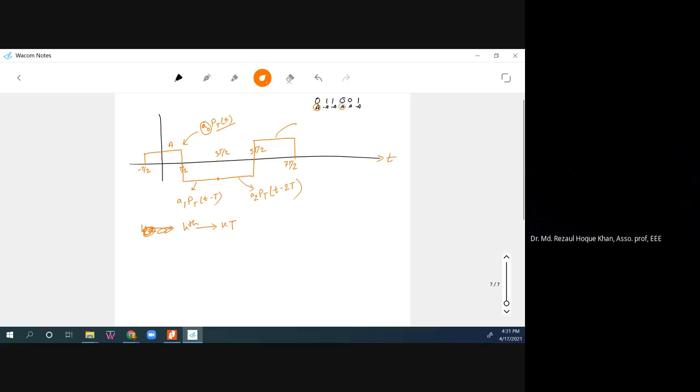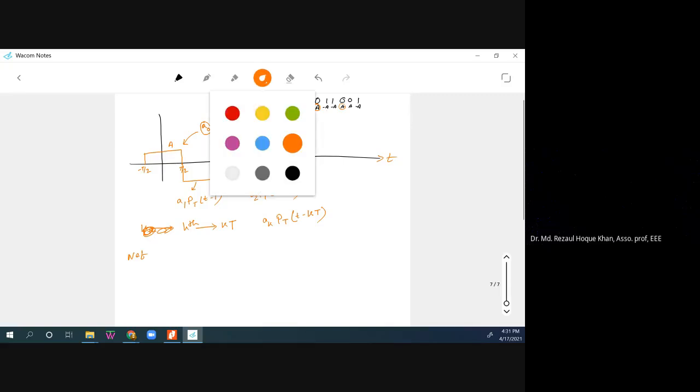So we write the kth pulse as ak p(t minus kT). This is the kth pulse represented this way.